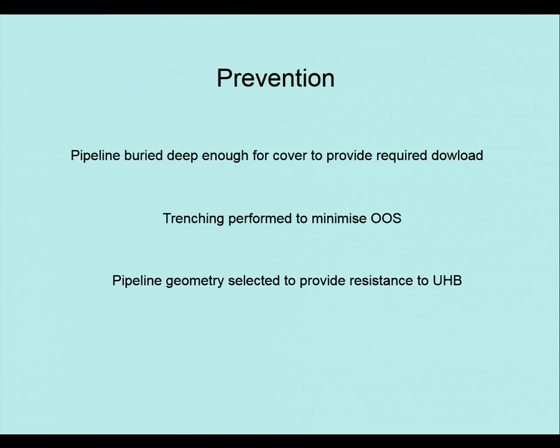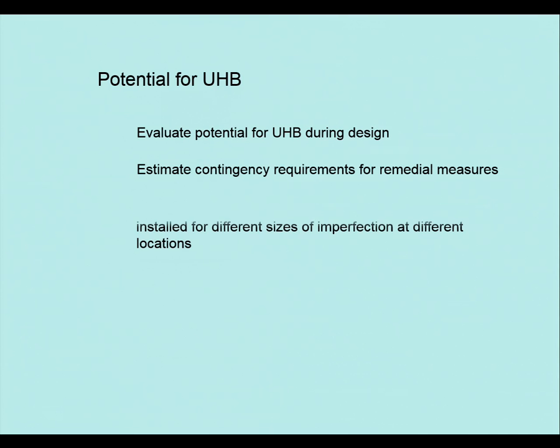If you don't put enough soil on the top of a trench pipe, you just push it up out of the way, and then you really are stuffed. So, mitigation of upheaval buckle, you can trench it.